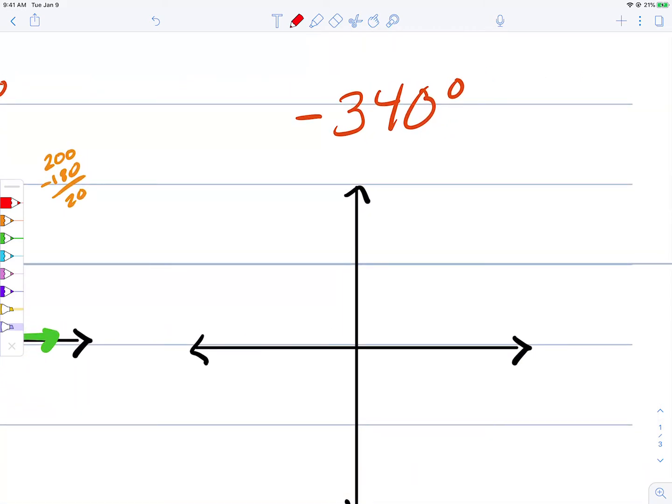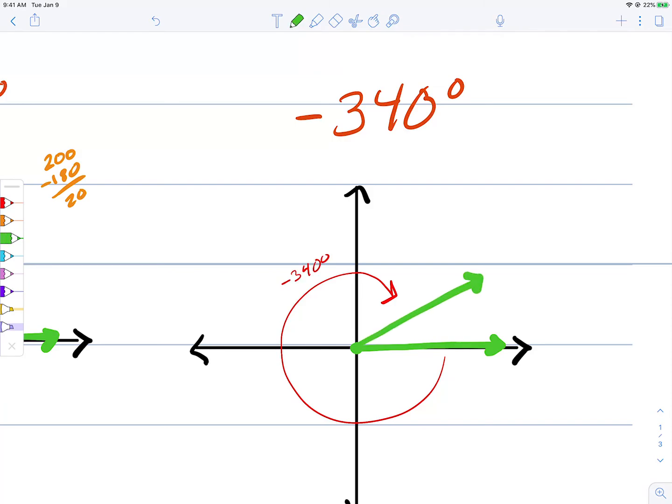And negative 340. Well, I know 360 is an entire circle, so if I went negative 360, I'd end up back at the original spot, which means I am just 20 short of an entire circle. So I'm just going to go almost an entire circle to get negative 340 degrees to look something like this.